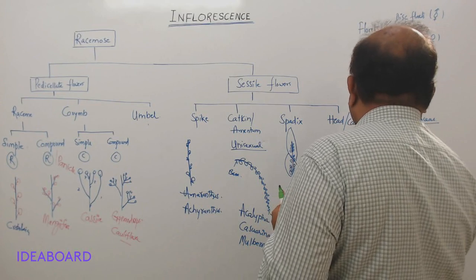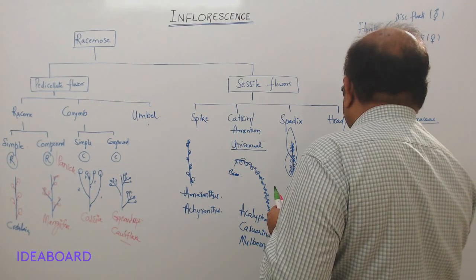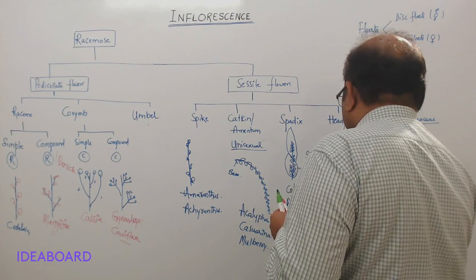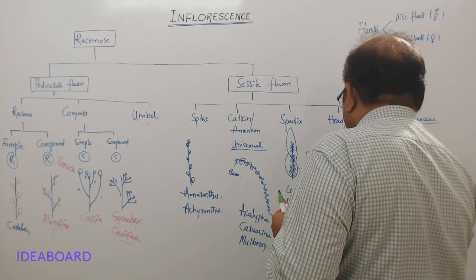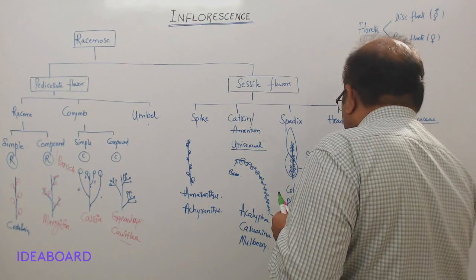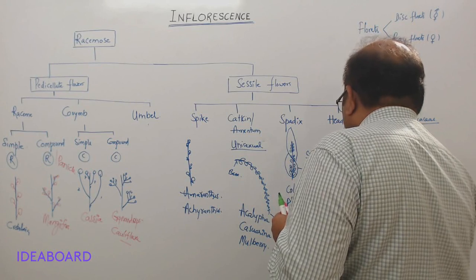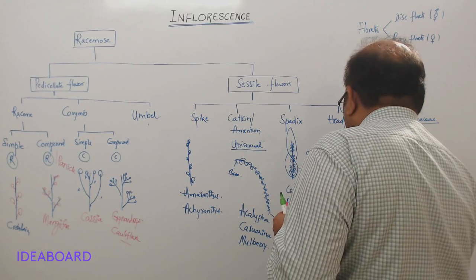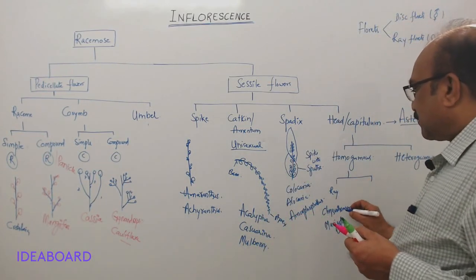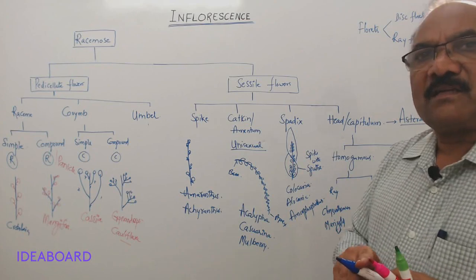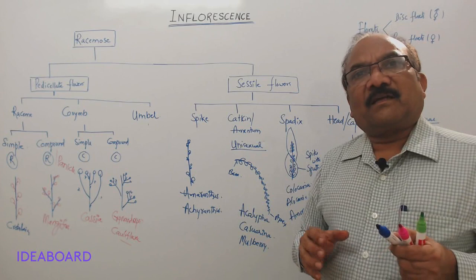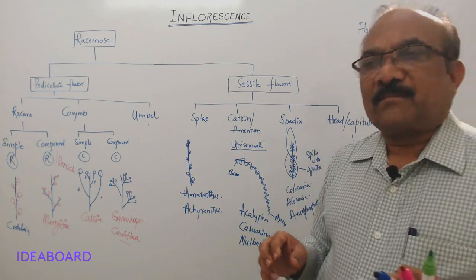Homogamous head with only ray florets, for example, chrysanthemum, and also Tagetes, that is the marigold plant. The chrysanthemum flowers and marigold flowers have only ray florets, meaning they are only unisexual female.